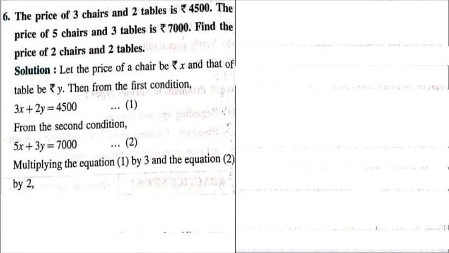So now multiplying equation 1 by 3 and equation 2 by 2. That means we are equating the coefficients of variable y. Have you seen? In the first equation the coefficient of y is 2, in the second equation it is 3. So we multiply equation 1 by 3 and equation 2 by 2.